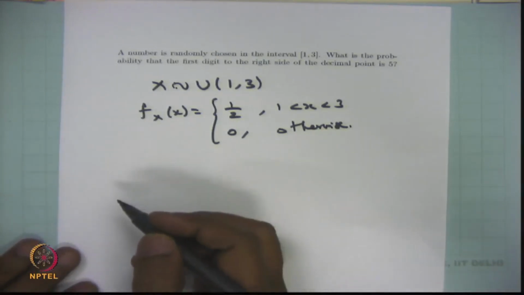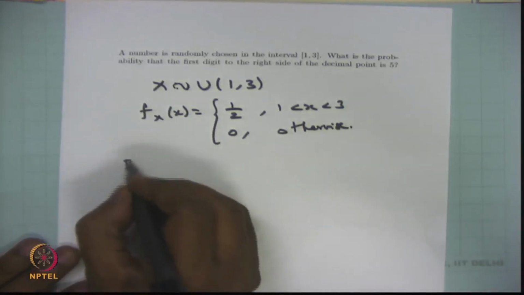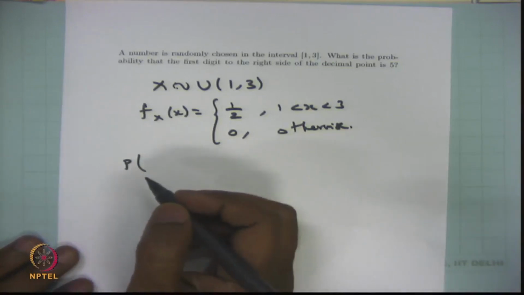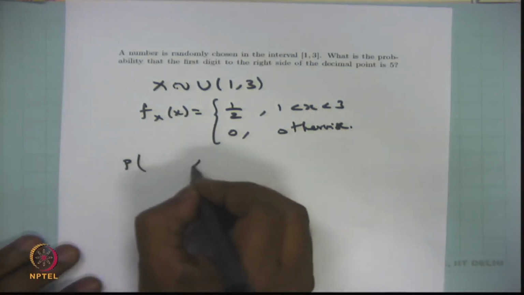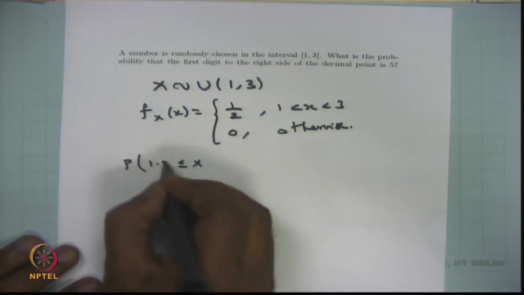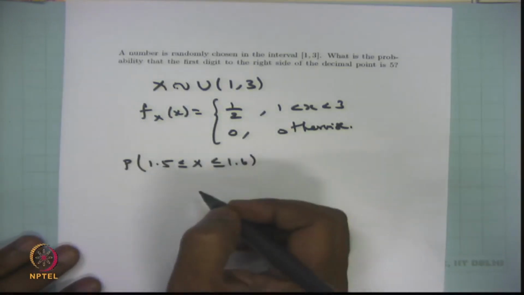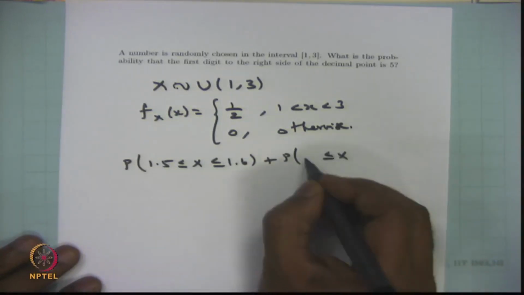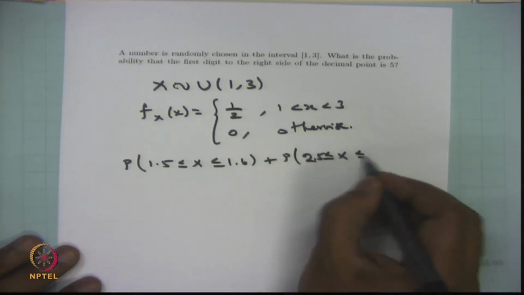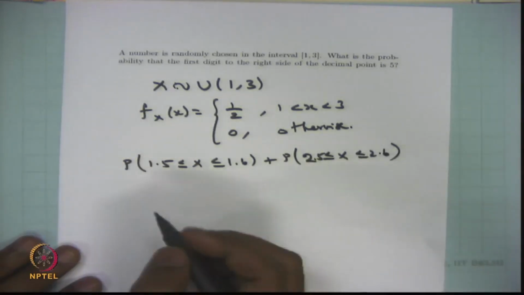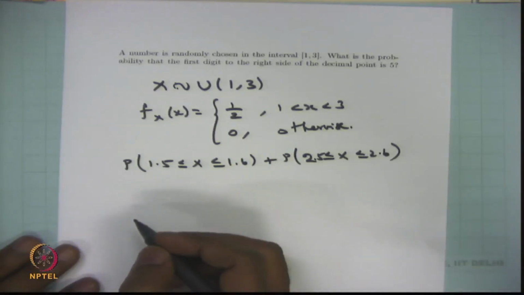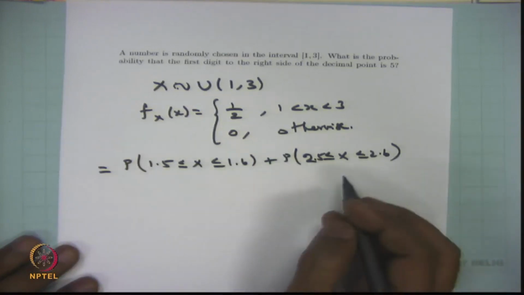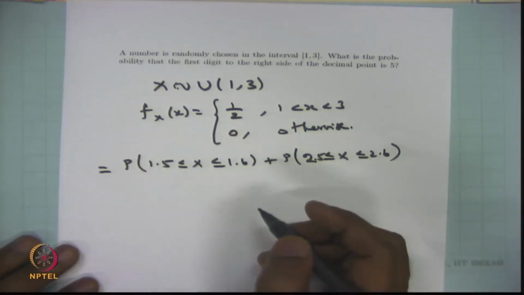So now the question is the probability that the first digit to the right of the decimal point is 5. That is possible when x lies between 1.5 to 1.6, as well as when x lies between 2.5 to 2.6. The required probability is the probability of x lying between 1.5 to 1.6 plus the probability of x lying between 2.5 to 2.6.